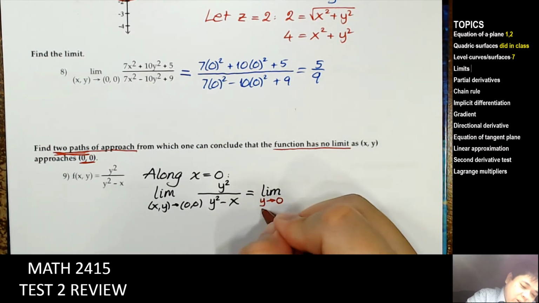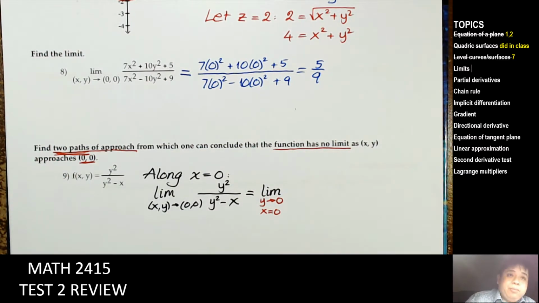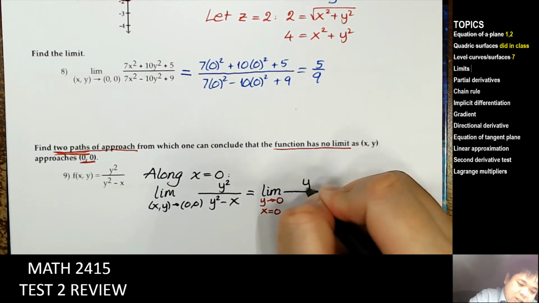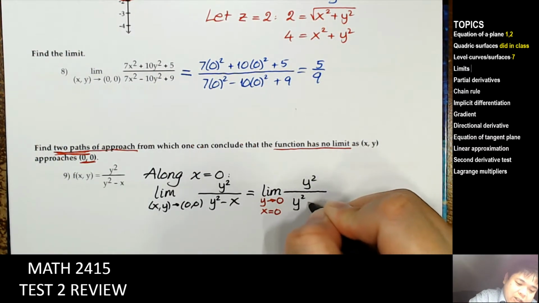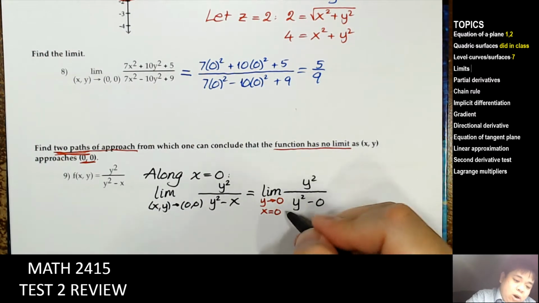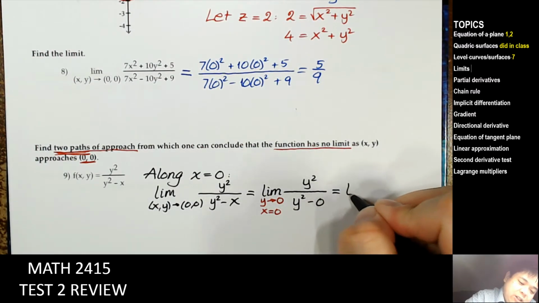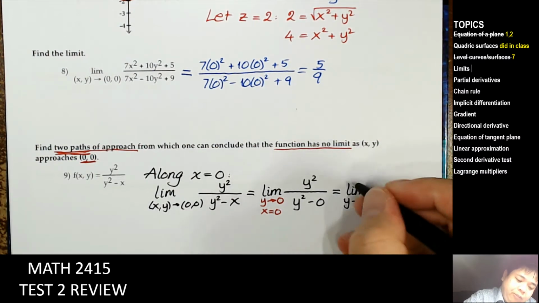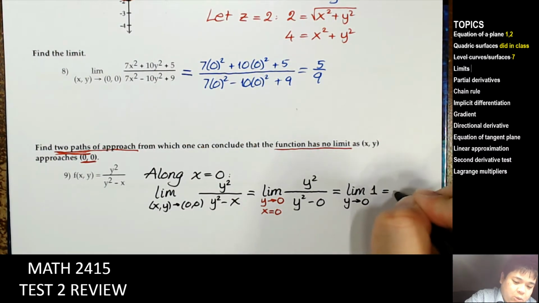That means we just have y squared, and y squared cancels out. We have the limit as y goes to 0 of 1, which is equal to 1.